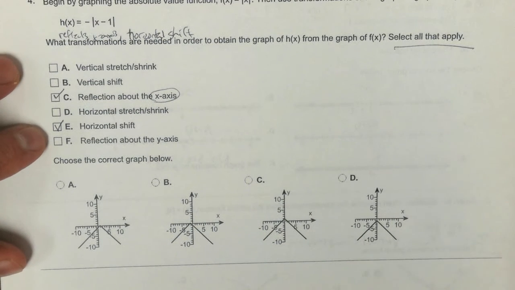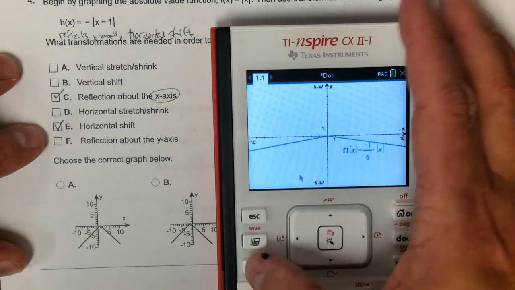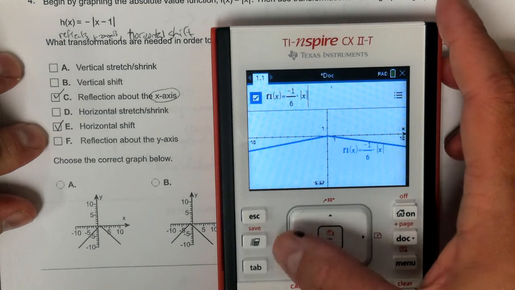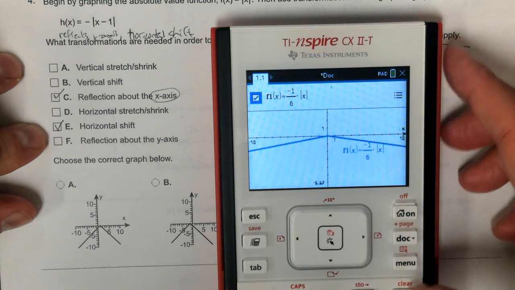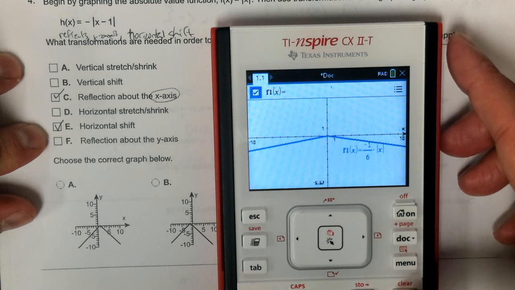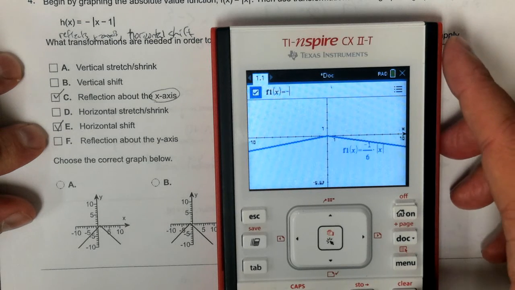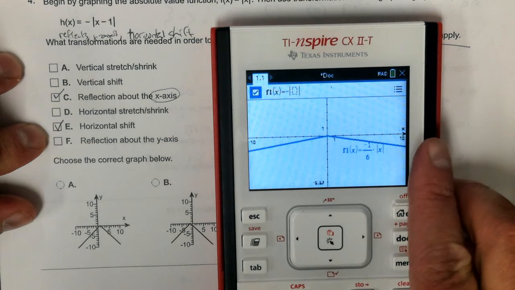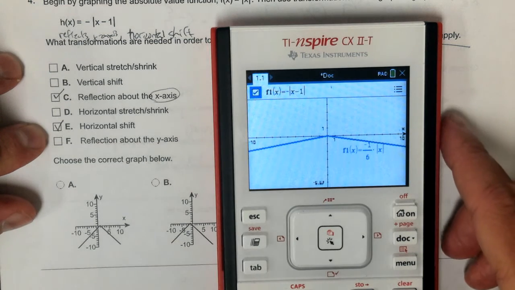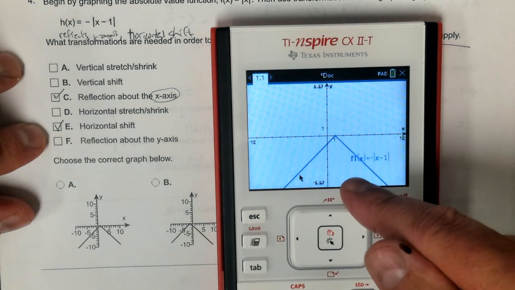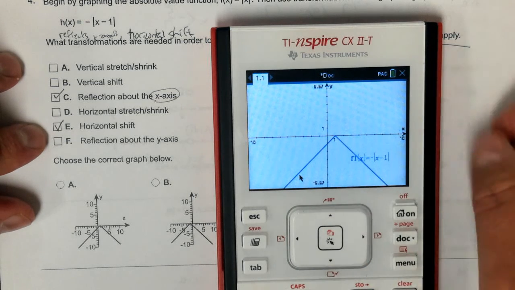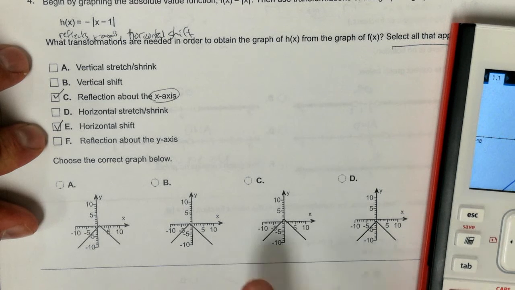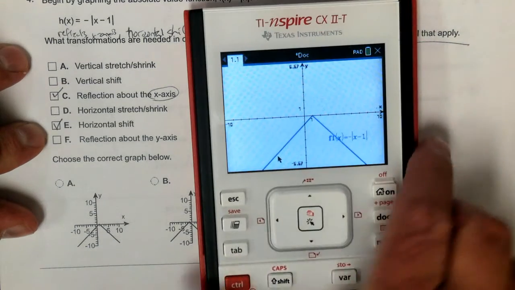Okay, so what we're doing is flipping it, and all of them are flipped, and then we're going right one. So negative absolute value x minus 1. So that's like that. Now all these graphs are going negative 10 to 10 and negative 10 to 10 vertically also.